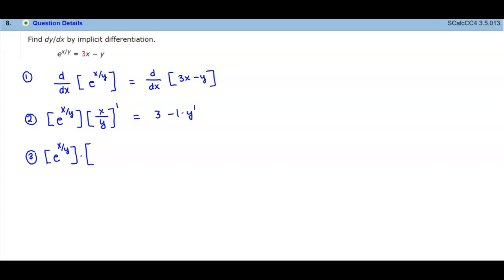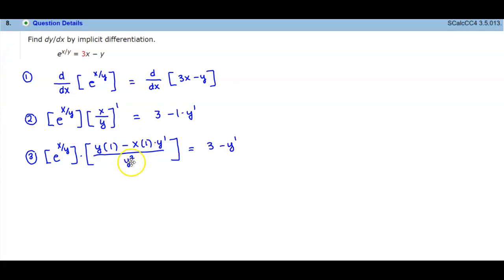We have low, which is y, times the derivative of the high, which is 1, minus high, the numerator, times the derivative of the low, which is 1 times that implicit differentiation, over the denominator squared, which is y squared. And that's equal to 3 minus y prime.